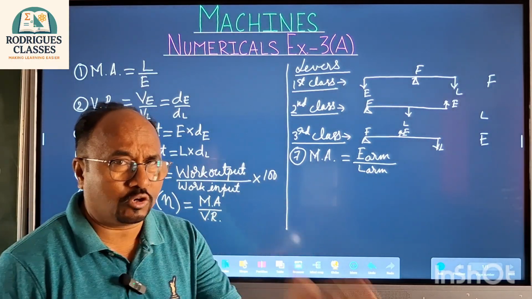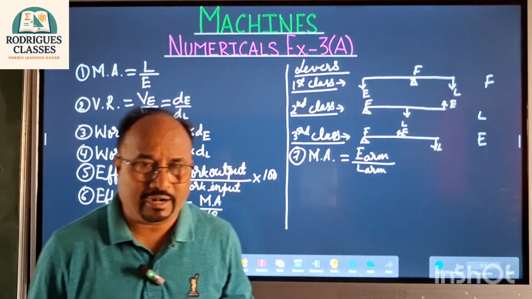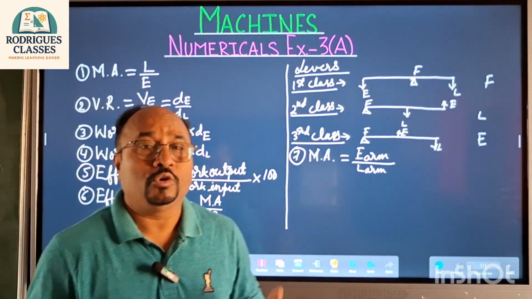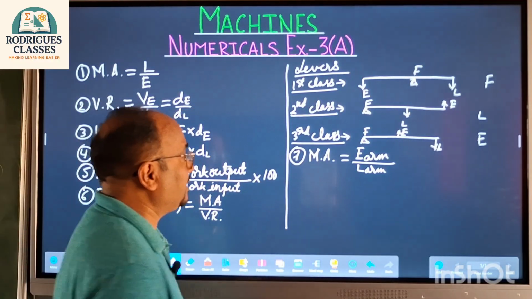Now for lever, one more thing we should know: depending upon the value of mechanical advantage and velocity ratio, we can categorize those machines into different types. So we will be seeing that now.